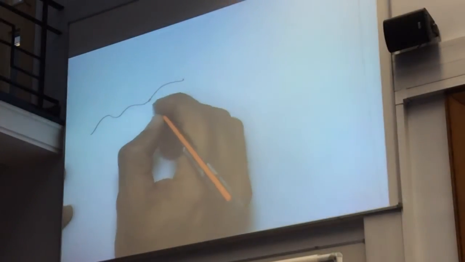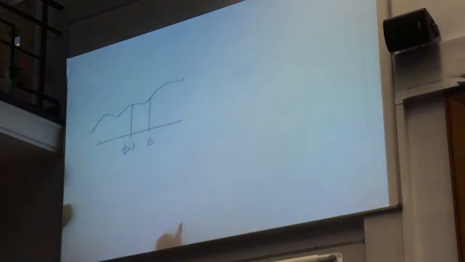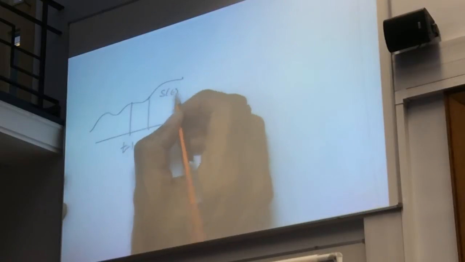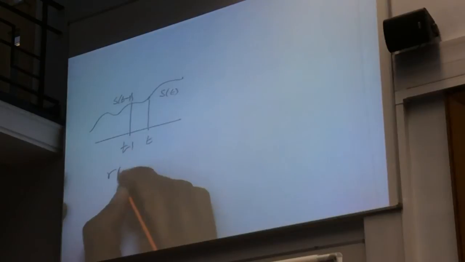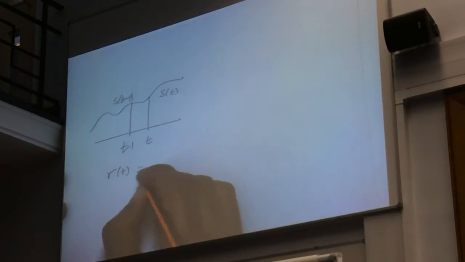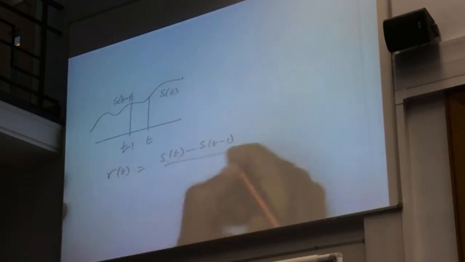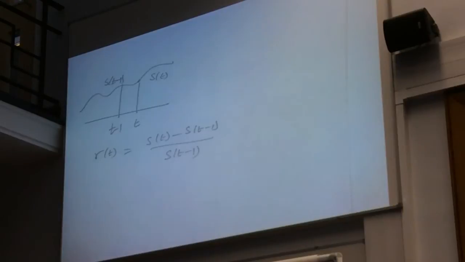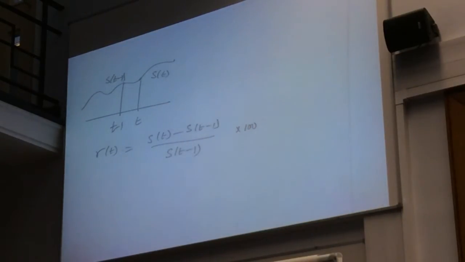And if at some point you have at time t minus 1, s of t minus 1, then my return at time t I would write as (s_t - s_{t-1}) / s_{t-1}. Yeah, something like that. Obviously, you can multiply by 100 and call it a percentage, but this ratio is what we normally work with.